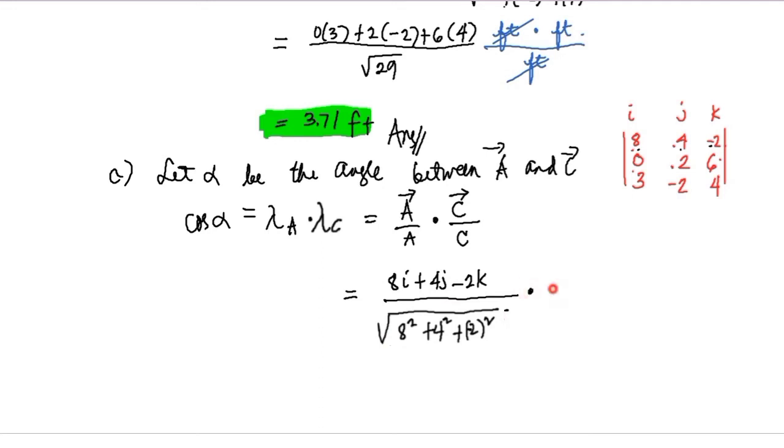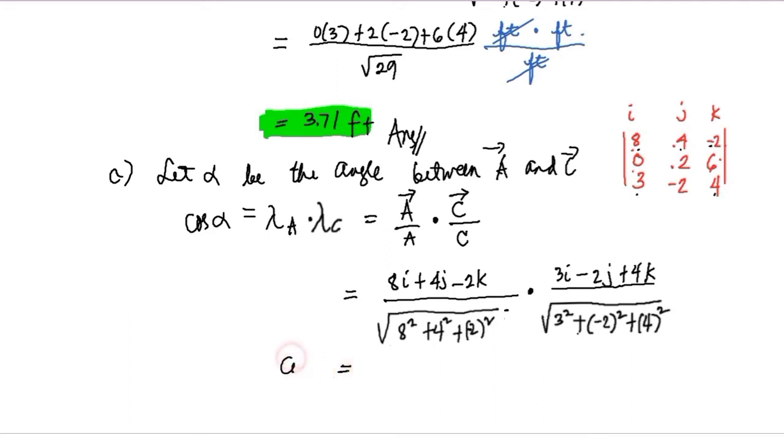Take the dot product with C, and C is 3i minus 2j plus 4k, and the magnitude of this is the square root of 3 squared plus negative 2 squared plus 4 squared.